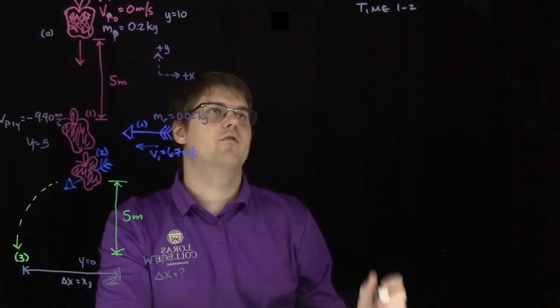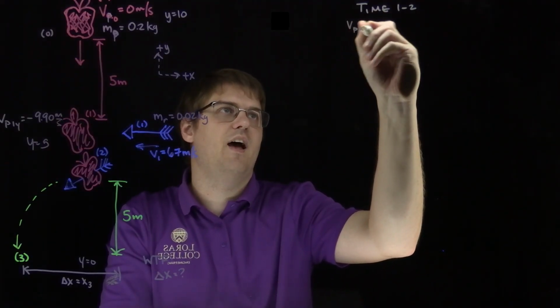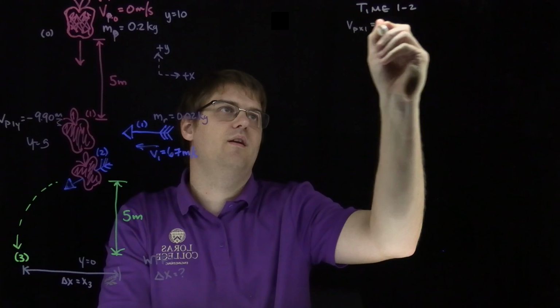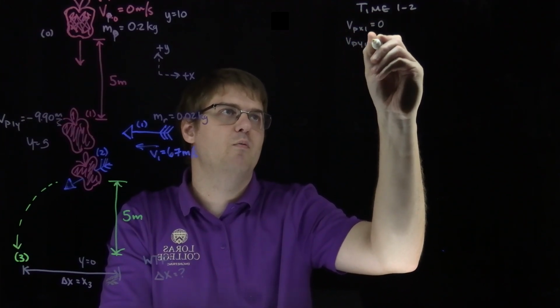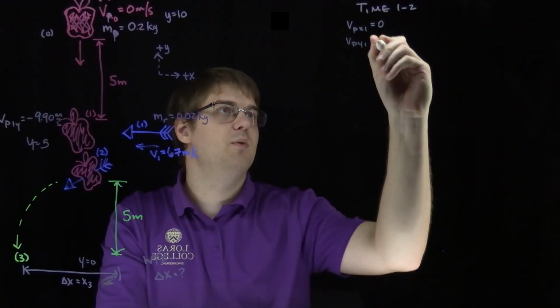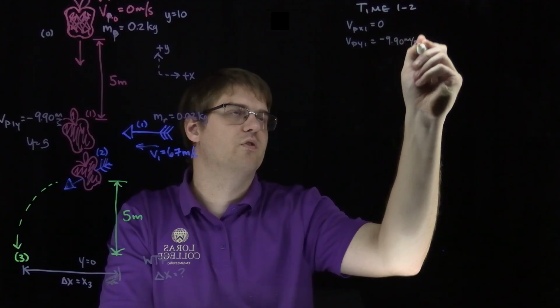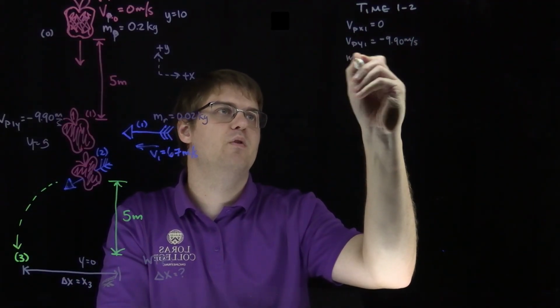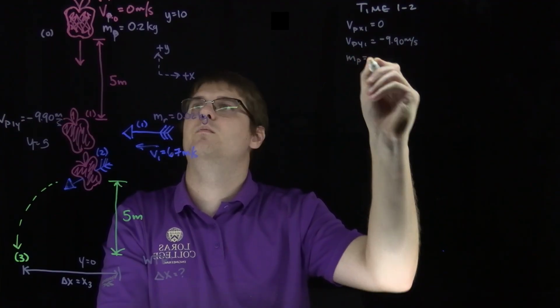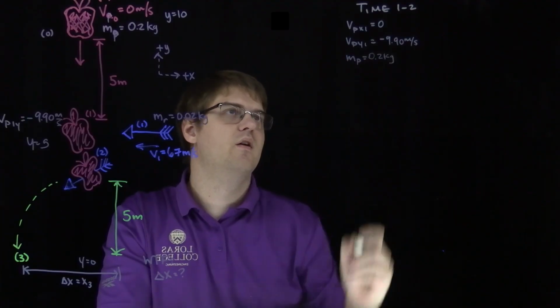So I have velocity of the apple in the x at time 1 is 0. Velocity of the apple in the y at time 1 is going to be equal to negative 9.90 meters per second. My mass of my apple is going to be 0.2 kilograms.